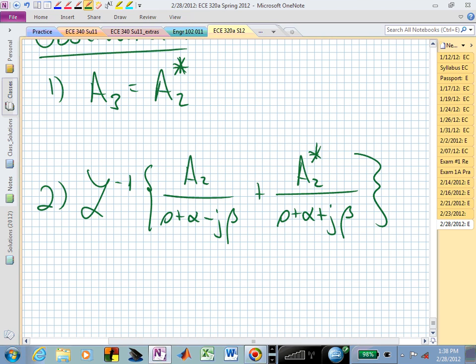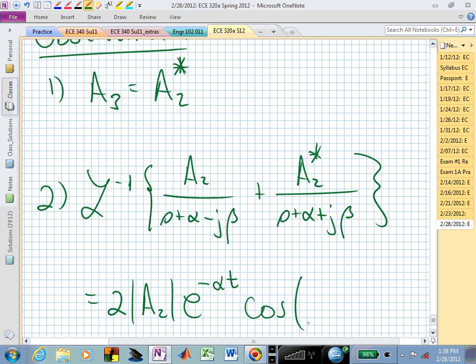And what do we know that equals? We know it's going to equal 2 times the magnitude of the coefficient for A sub 2. What's the exponent on the damping term? That's e to the minus alpha t cosine.